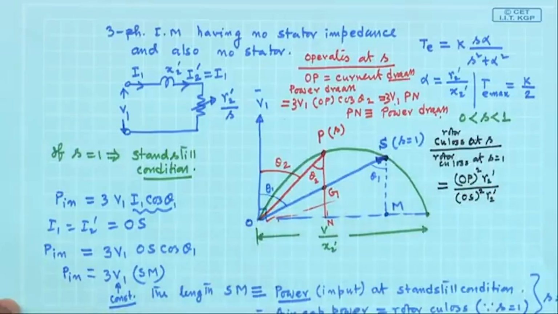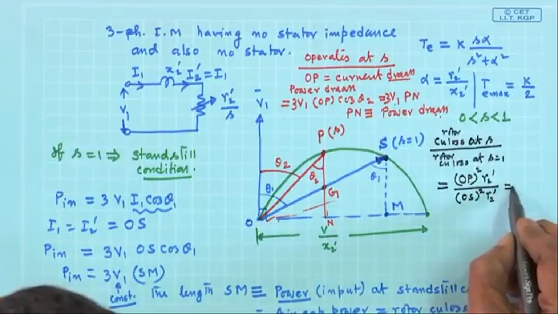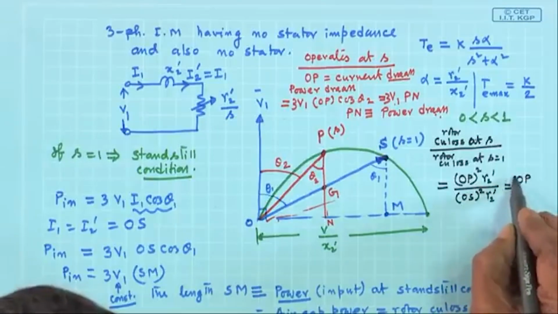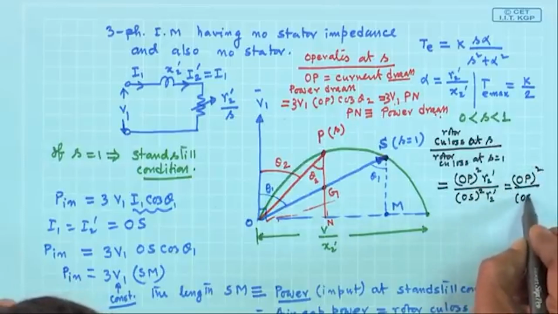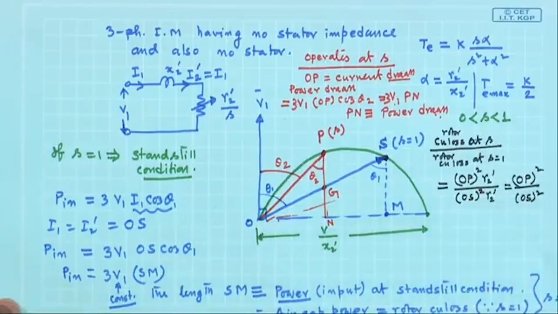This will be the thing, that is, it will be equal to OP square, this length squared, by this length squared, is it not? It will be like that.